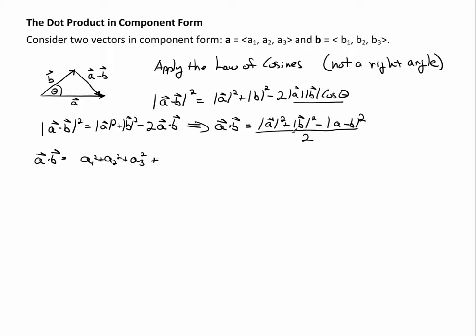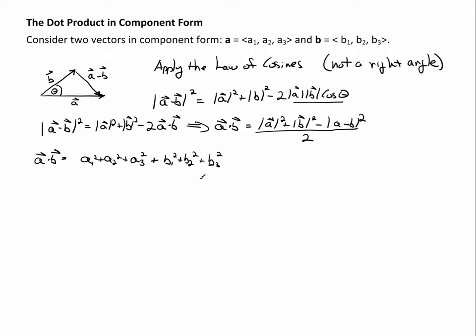Plus the magnitude of B squared, so B1 squared plus B2 squared plus B3 squared.